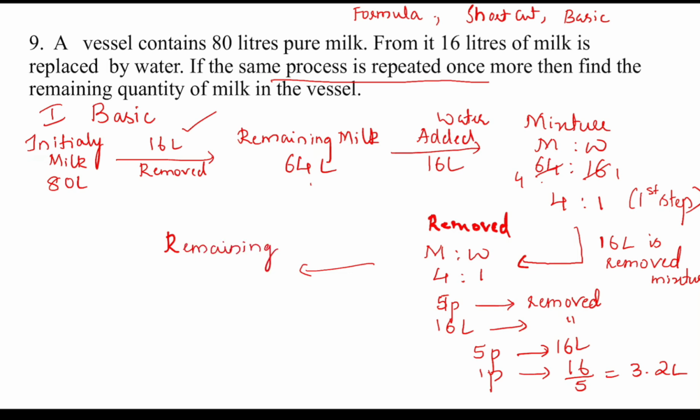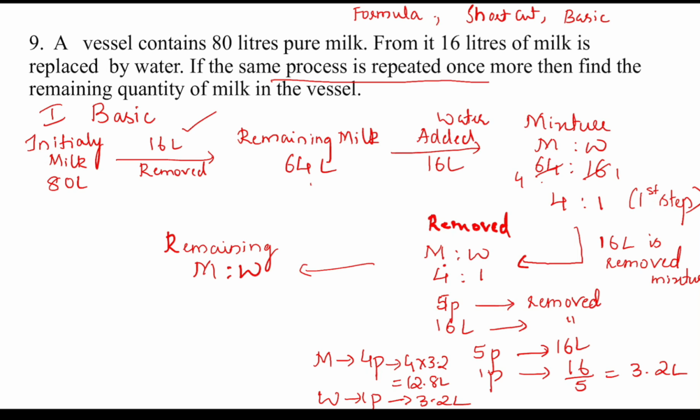We know milk is 4 parts, so 4 into 3.2 is equal to 12.8 liters of milk. And water is 1 part, which is nothing but 3.2. So water will be 3.2 liters.